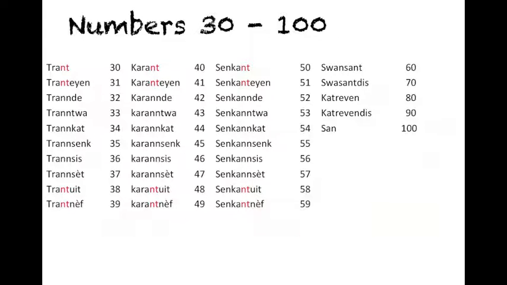Instead, we have this double N. So, again, starting from 30, we have 30. Then we have 31. And when we get to 32, it changes from NT to this N sound. So we have 32, 33, and 34. The same thing is true for the rest of the numbers. So this pattern continues all the way until we get to 100. And we'll see how this works in just a second.